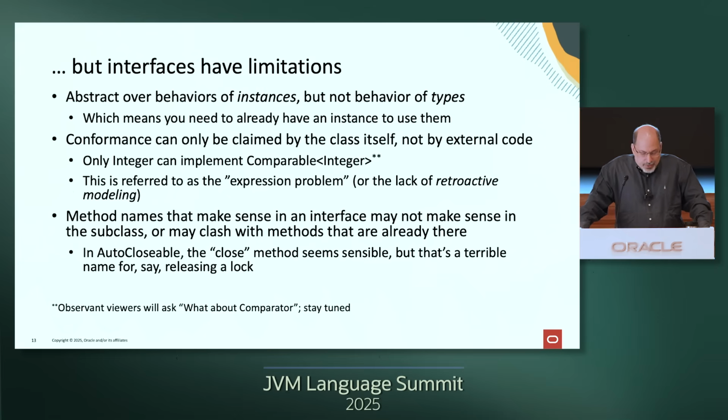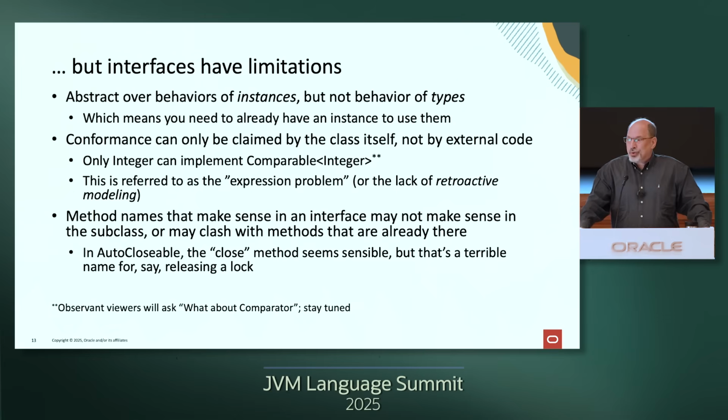Another limitation of interfaces is they can only be claimed by the class itself. So an integer can say, Integer implements Comparable of Integer. But external code can't say, hey, you know that class over there, Integer, it implements Comparable too, I promise, trust me. We don't have a way to express that in the language. And this is sometimes given the name the expression problem, which was coined by Phil Wadler.